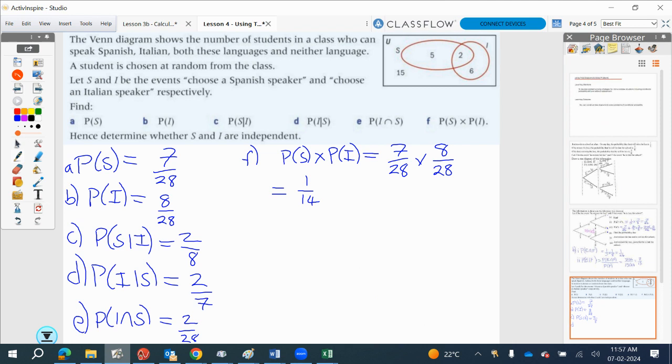For our last one, the probability of the intersection is equal to 2 over 28. Does this simplify? Yes. It becomes 1 over 14. And what's that equal to? It's equal to this one. What does this imply? They are independent.